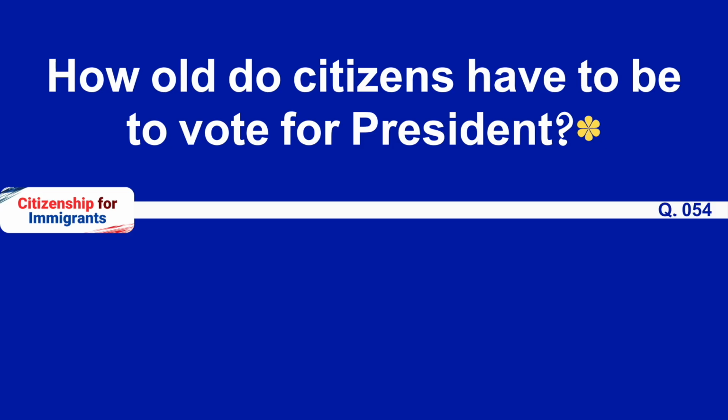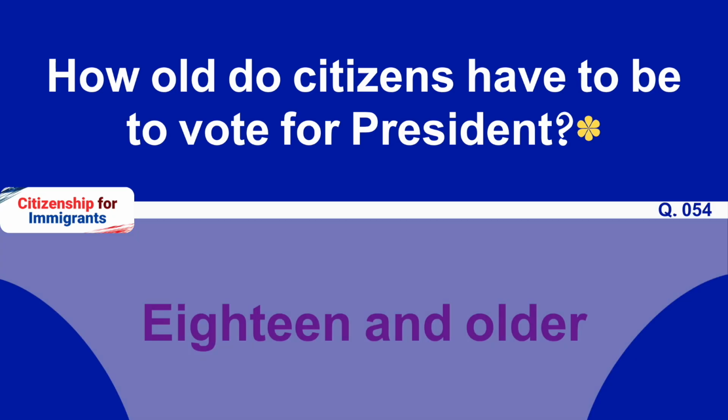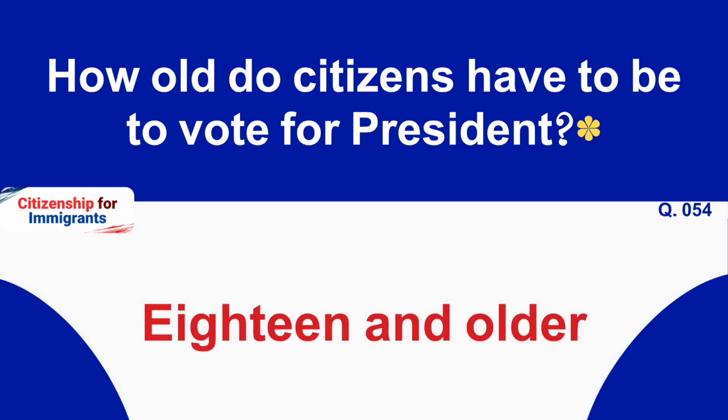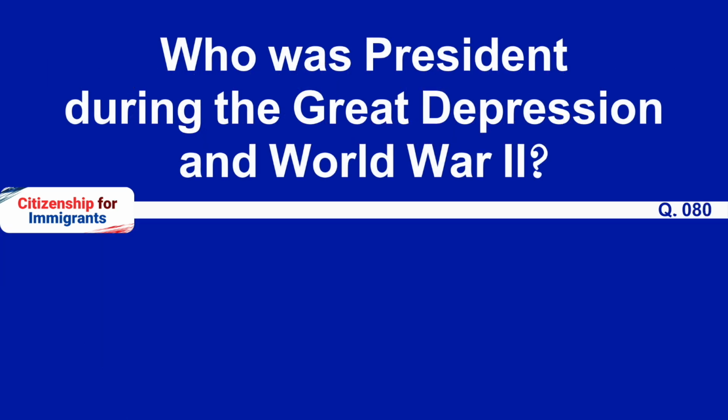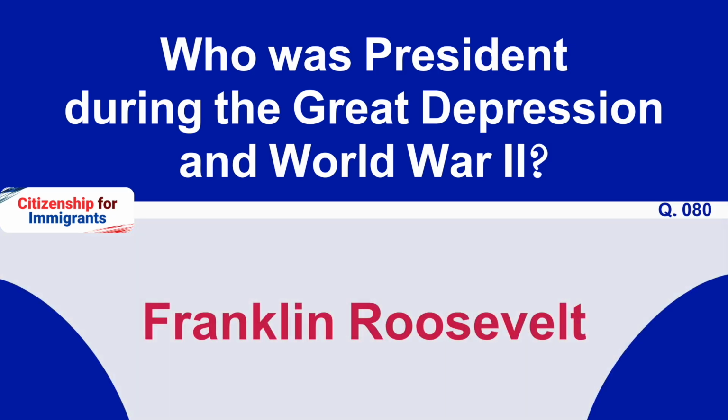How old do citizens have to be to vote for president? 18 and older. Who was president during the Great Depression and World War II? Franklin Roosevelt.